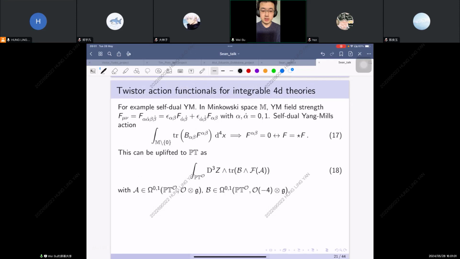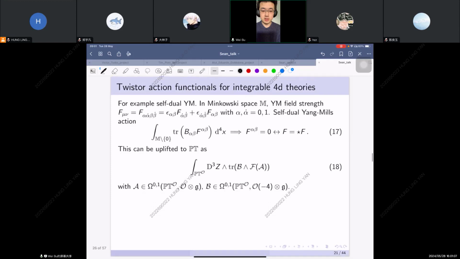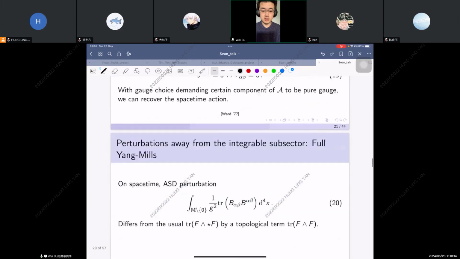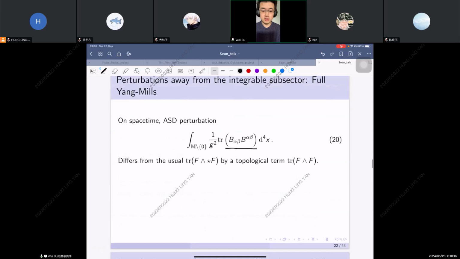So you can write down these action functionals on twistor space for integrable theories very easily. For example, self-dual Yang-Mills, self-dual gravity, and so on and so forth. And you can do off-shell extensions of them very quickly as well in this form.